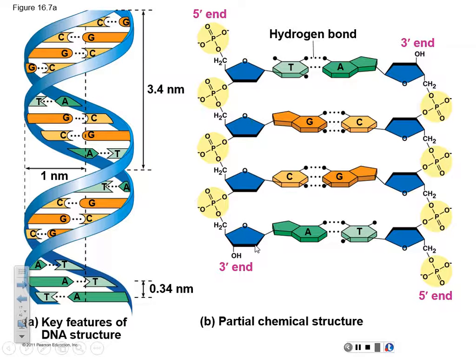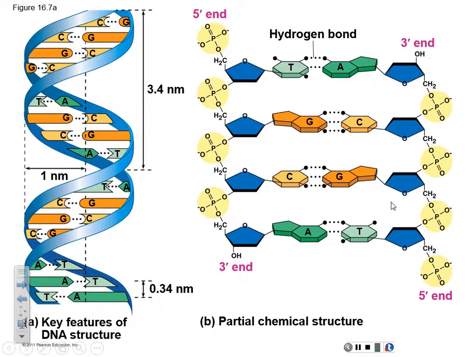Each strand, 1, 2, double, right? Notice that it's got this phosphodiester backbone here, and it's got this phosphodiester backbone here, right? So that's the same on both strands. But notice this. The strands are anti-parallel, right? Everybody knows what parallel means.